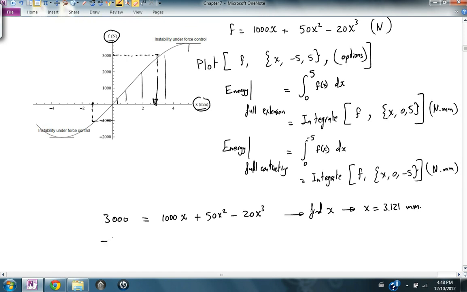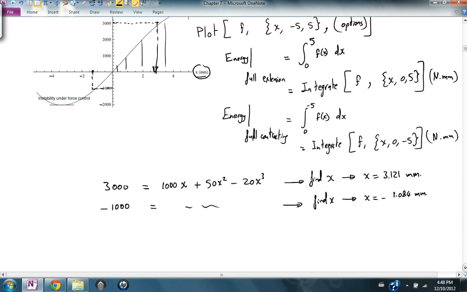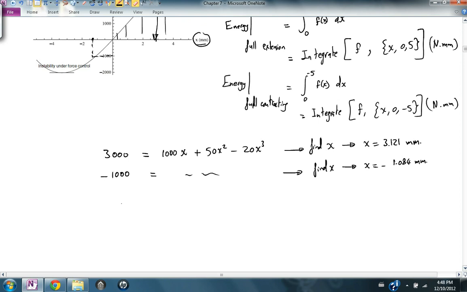And similarly, -1000 equal to this. Find x. X is equal to -1.084 millimeter. You can do this by hand, or you can use Mathematica.